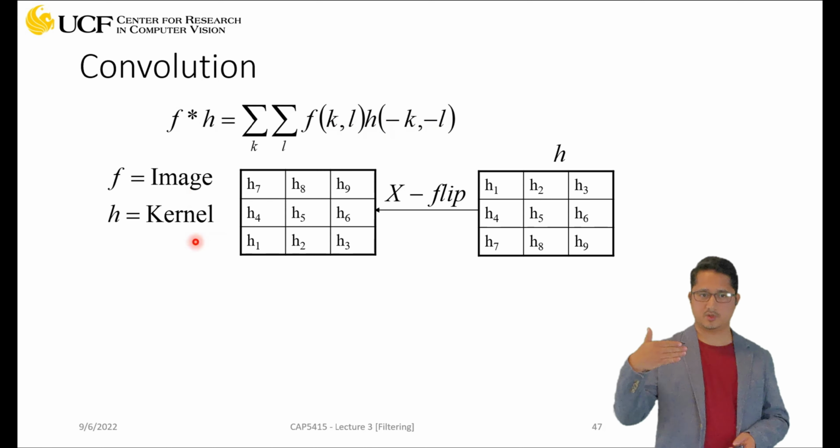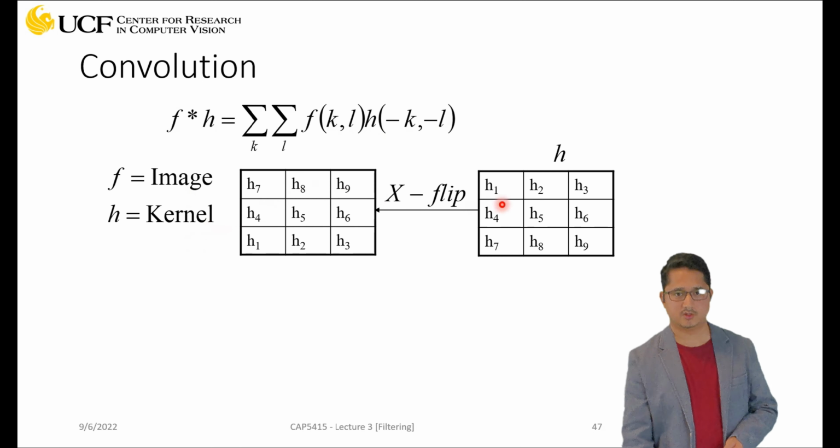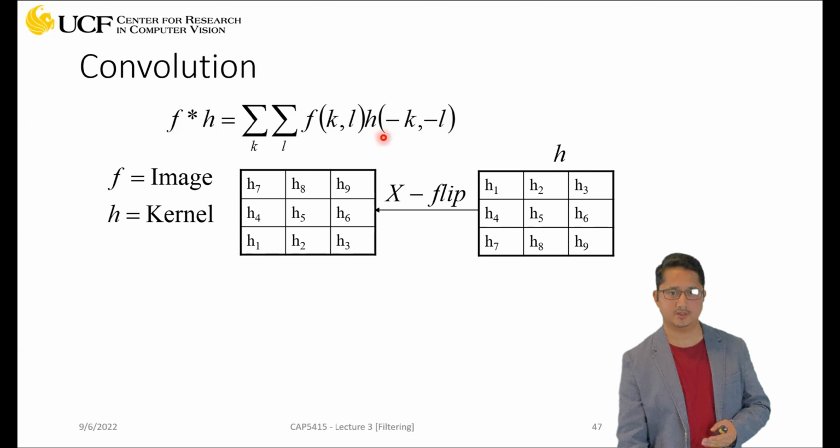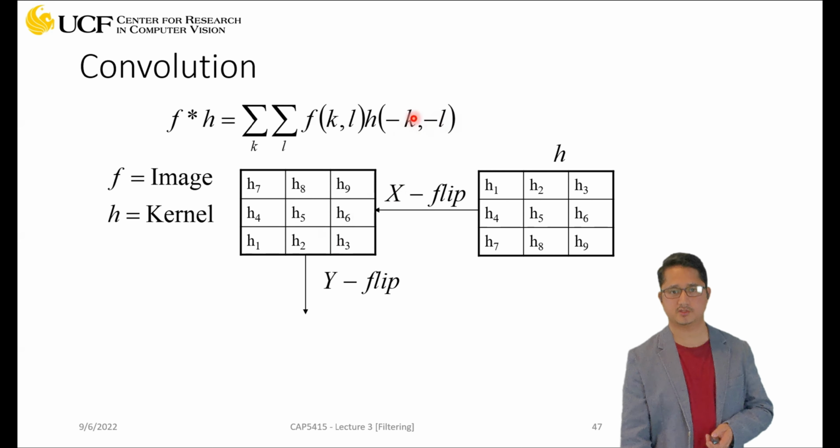Now, if you have to represent convolution in the form of correlation, what you can do is you take your kernel, because you have negative values, you can actually flip it in both the axes, X and Y. So in this case, we are flipping along the x-axis. So this becomes positive. Then we can flip along the y-axis, then that will become positive, right?